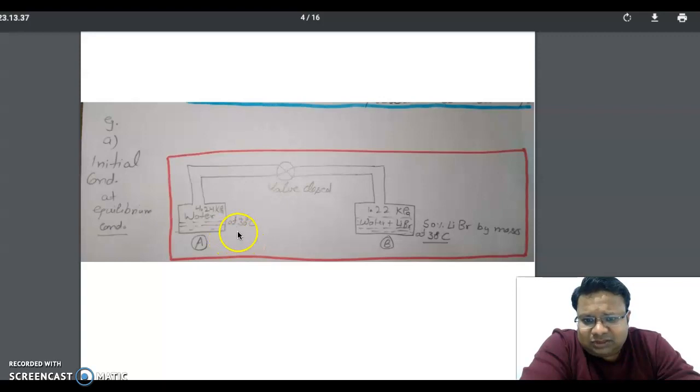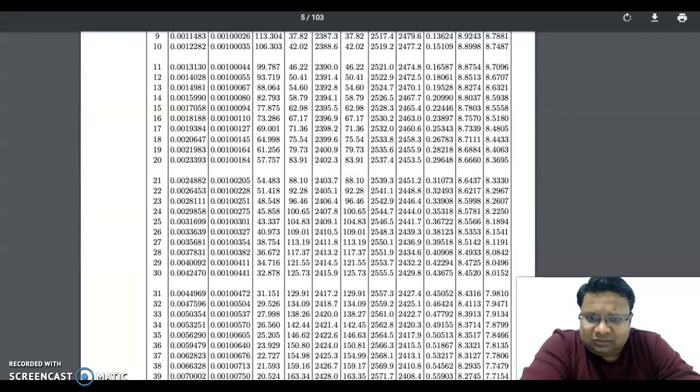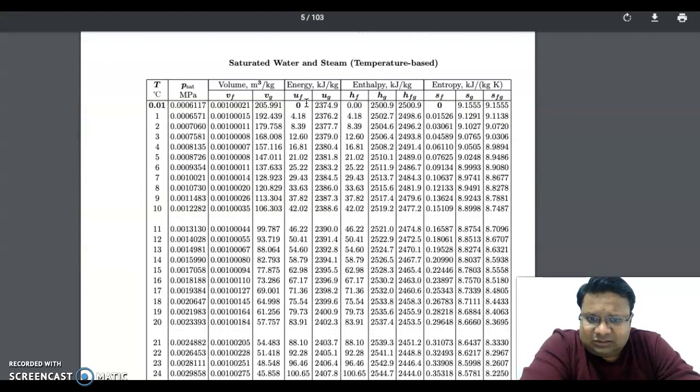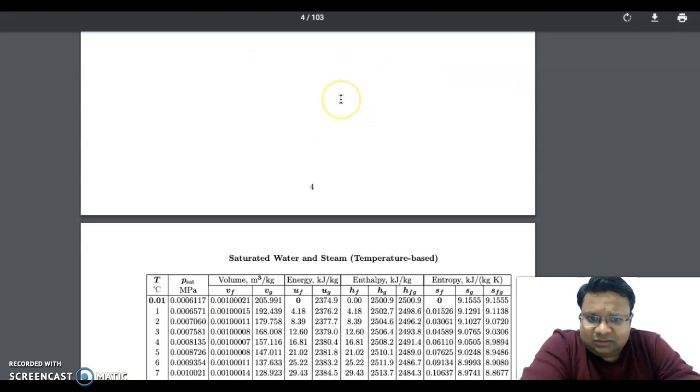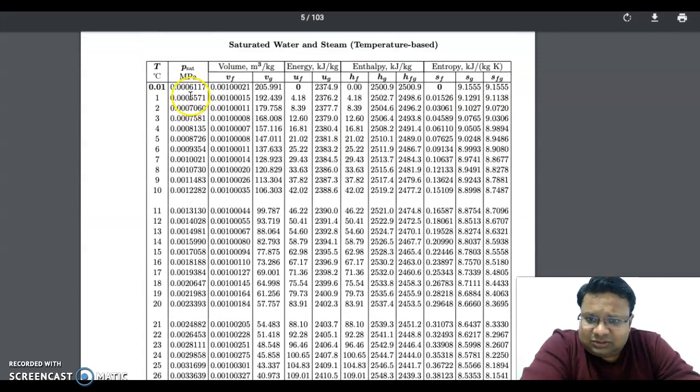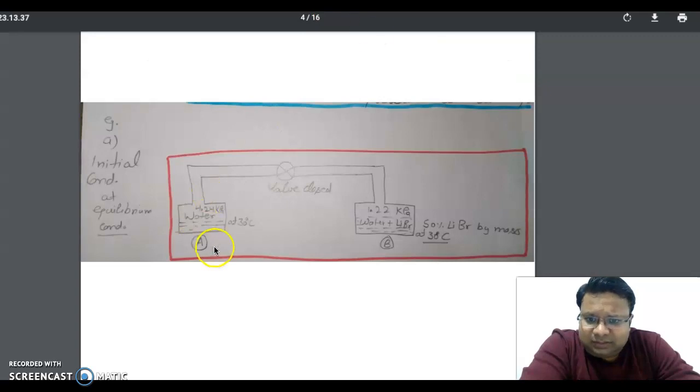the pressure of water at 30 degrees Celsius from the steam table, so this is the steam table, saturated water and steam. Just see the saturation pressure, the pressure which the water contains at 30 degrees Celsius.